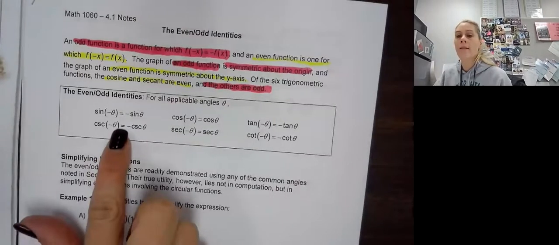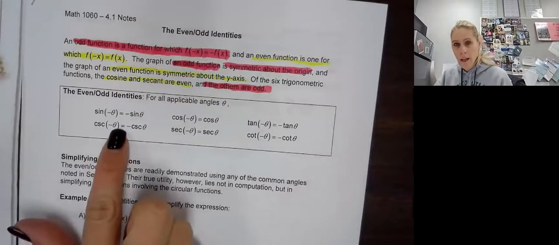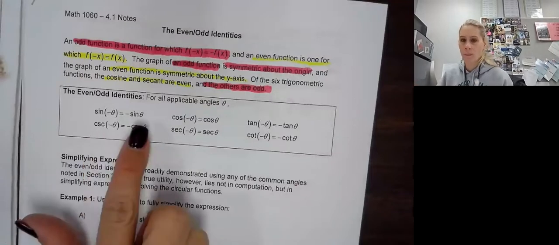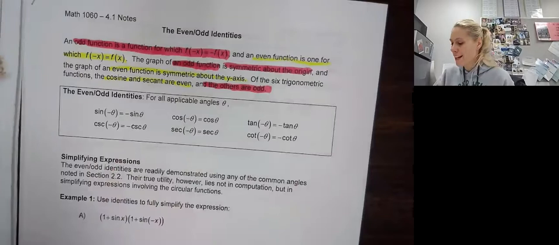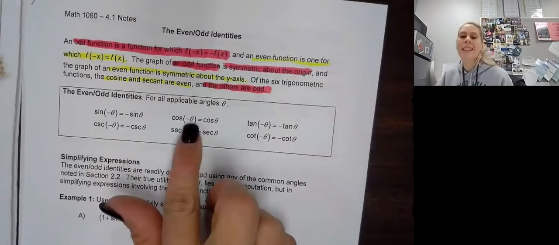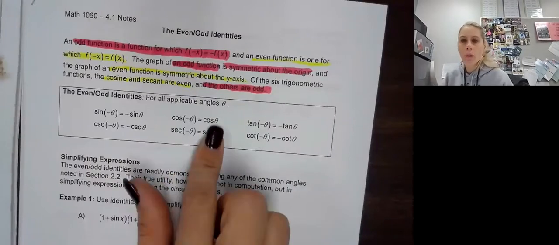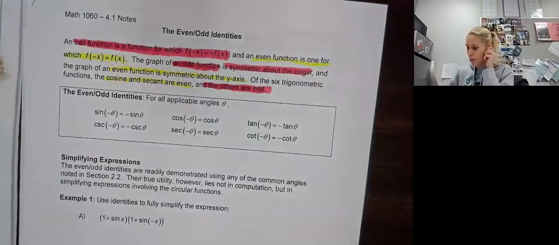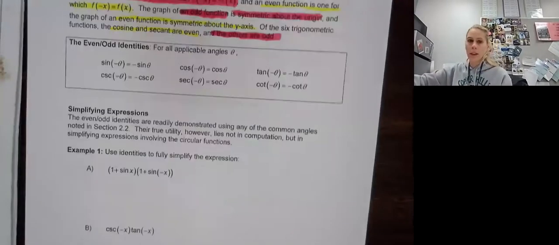So the negative theta on the inside is comparative to the negative of the whole function. Whereas the negative theta on the inside for cosine and secant gives us a positive, or it's the same as normal positive cosine or secant. Okay, and we're going to use these identities to be able to simplify expressions.